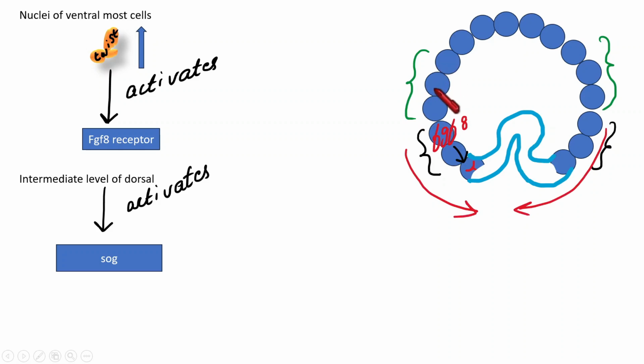After the invagination of the 16 ventralmost cells inward, these neural ectoderm cells can move in this direction and cover the bottom portion of the embryo. Clear? So first that invagination happens, and later in these cells, because of the intermediate level of dorsal protein, the SOG gene is activated, and because of the formation of SOG protein, these cells start to transform to neural ectoderm cells, and they start to move and cover the bottom portion of the embryo.